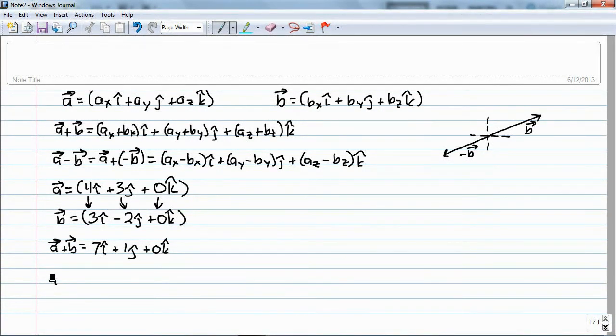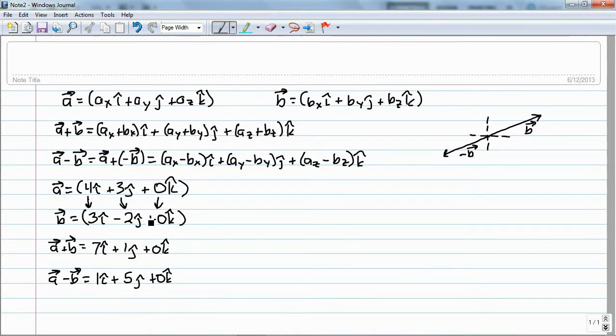And for A vector minus B vector, I'm going to have 4 minus 3 is 1 i hat, and 3 minus 2, well, minus a negative 2 is going to give me a plus 5 j hat, and then we'll have a 0 k hat.